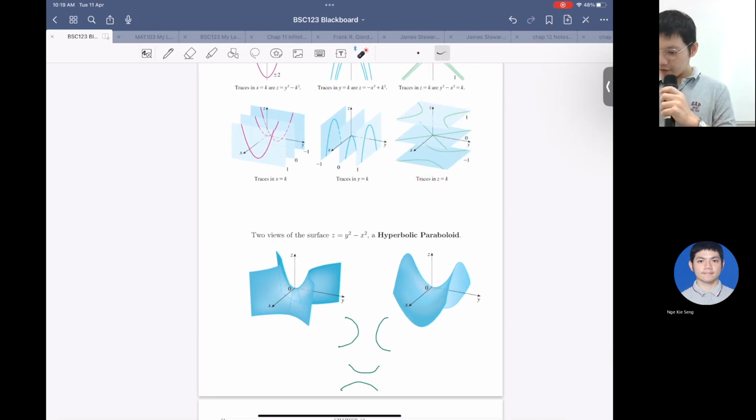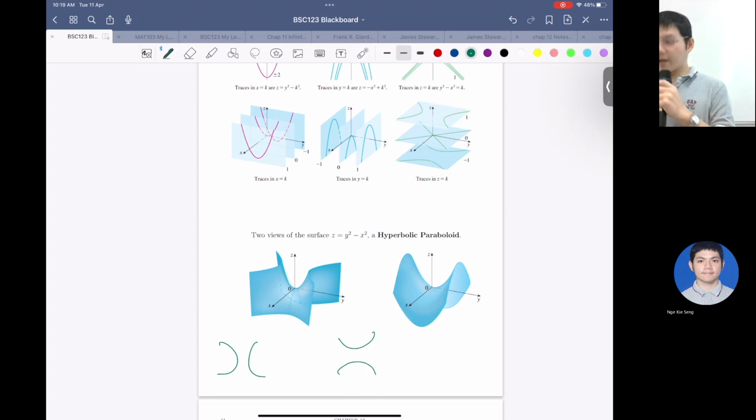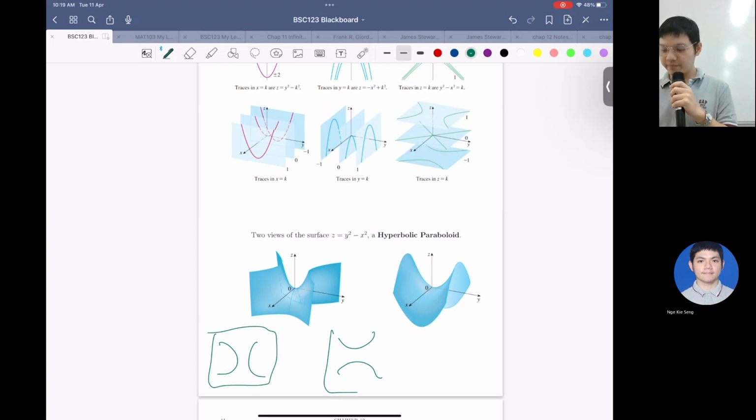You start from this and this. So you need to imagine a surface that connects these two 2D pictures. You need to make a smooth surface that connects these two pictures, which is exactly this hyperbolic parabola.